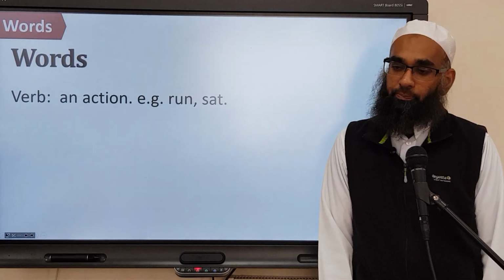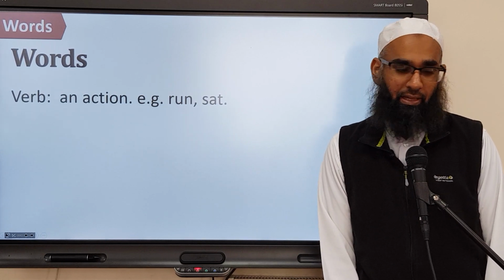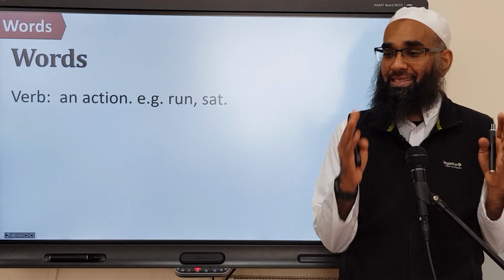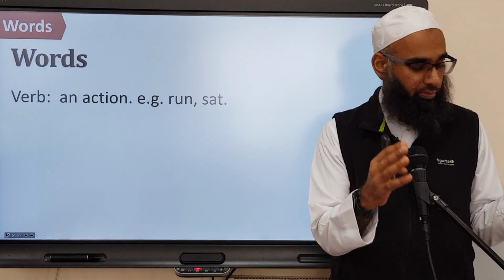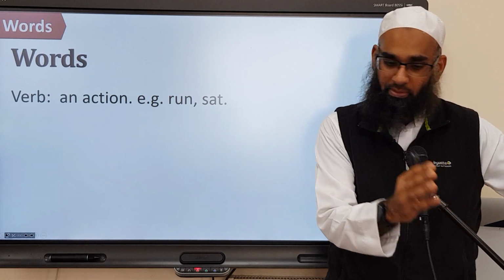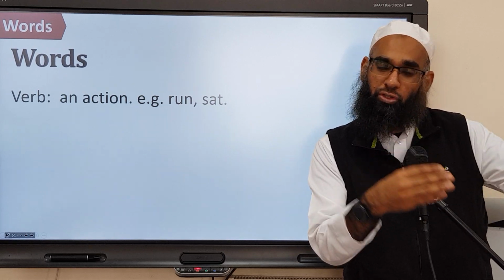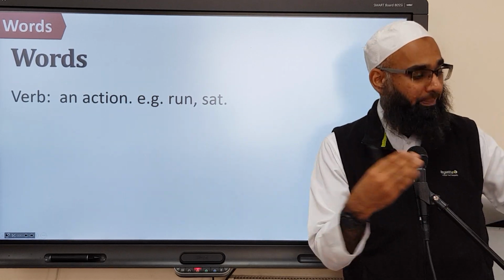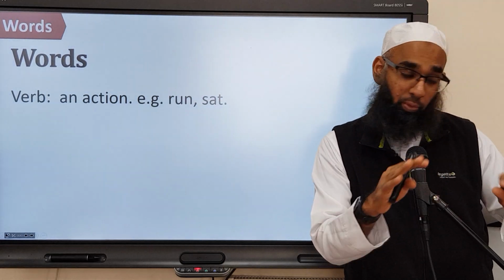Now in Arabic, verbs are very detailed and very structured. So we have a whole lesson discussing verbs. And we also have a video series discussing verbs. So I'm not going to go into detail here. When you start doing verbs in that book, automatically you'll start to understand them. Because it's very detailed, we won't discuss it here.